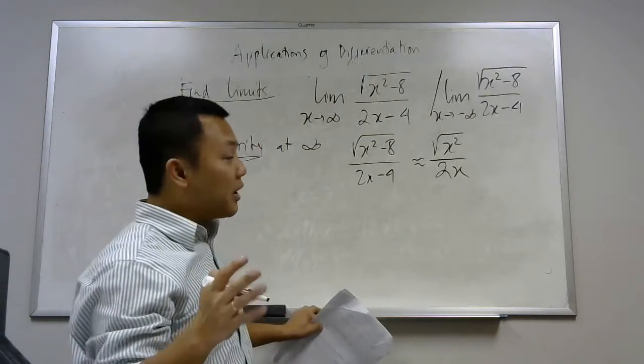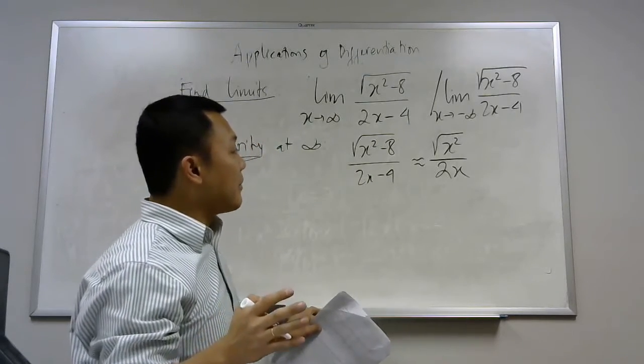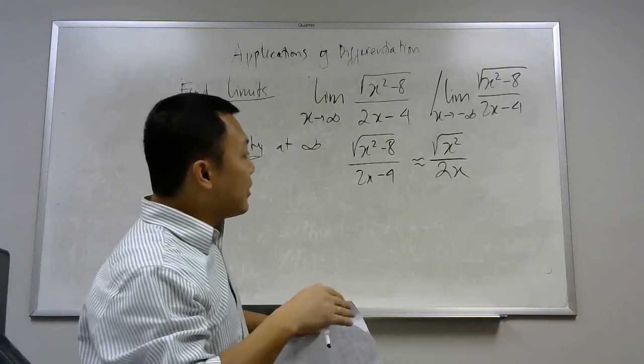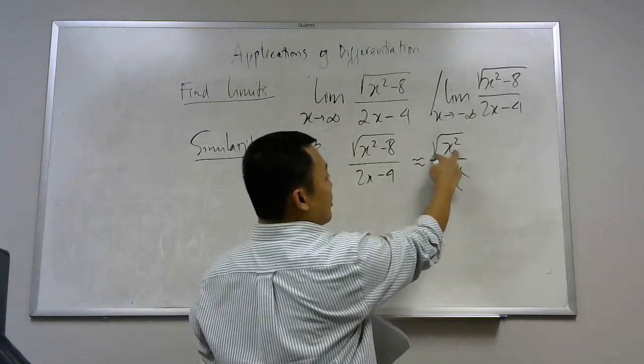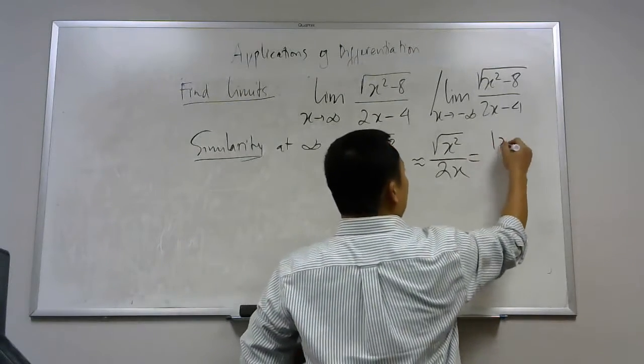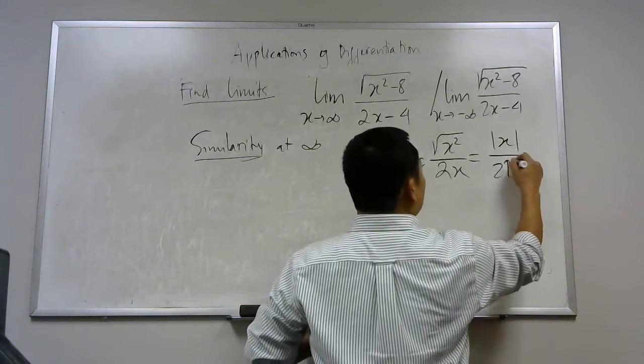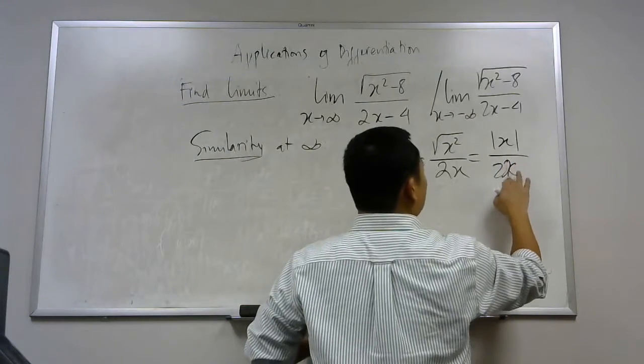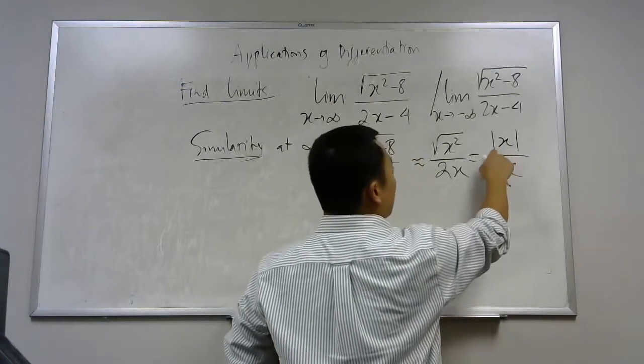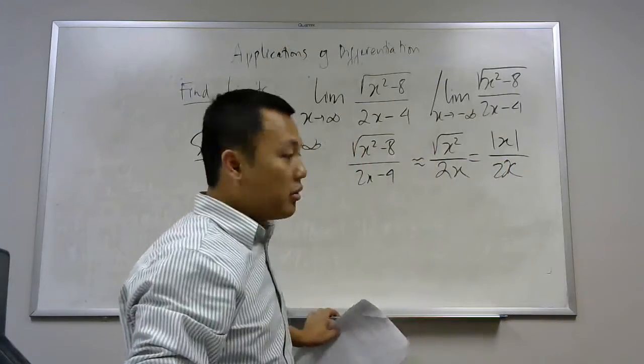We just pick the terms with highest degree. But in this step, we have to be very careful because we have to remove the square root of x squared. So that is absolute value of x over 2x. If someone just writes x, you are wrong.